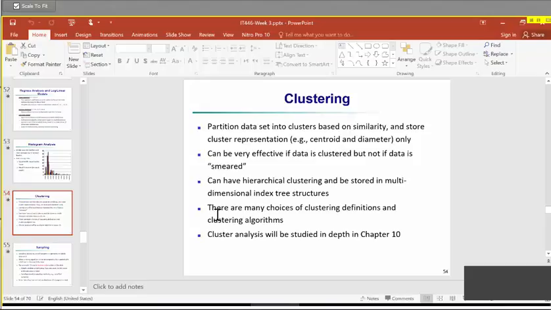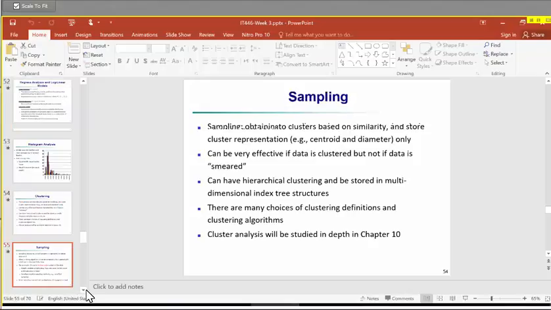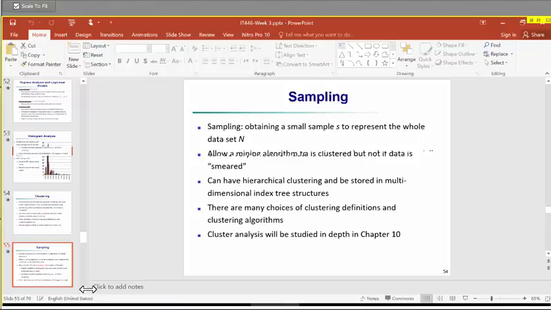We can have some hierarchical clustering stored in multi-dimensional index tree structures, and there are many choices of clustering definitions and clustering algorithms which we can choose from. Cluster analysis will also be studied in detail in chapter number 10, I think, most probably after the midterm examination.